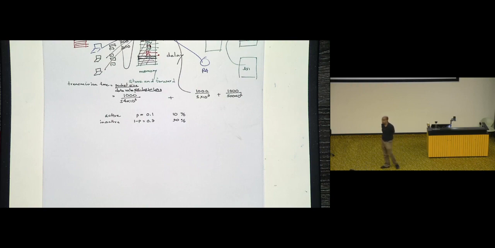So I could ask you, if you have 100 people, what is the probability that 10 people are active at the same time? Or 20 people are active at the same time? Right? So if you think about this, each person is active or inactive randomly with probability this. If I said 10 people, what is the probability that 5 people are active at the same time? If you remember your probability, it's a binomial distribution.